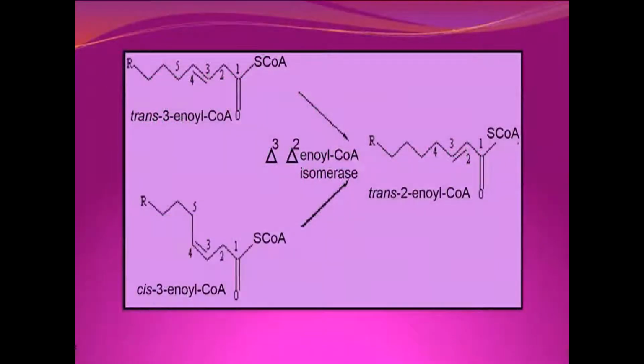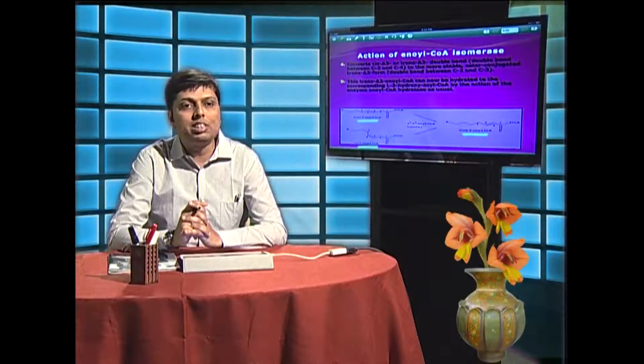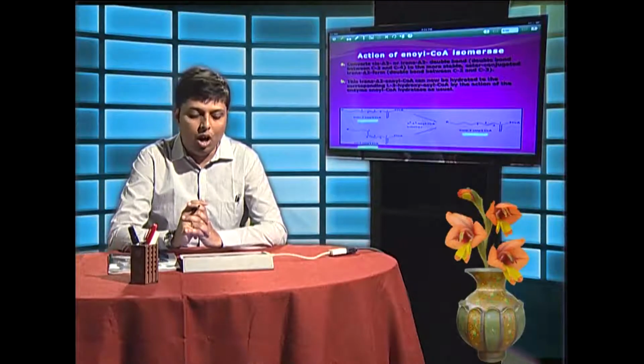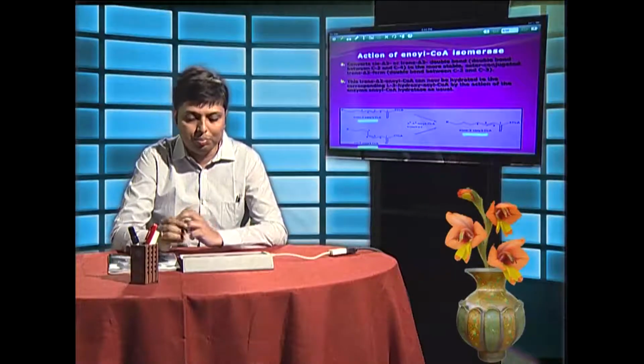It acts on the trans delta 3 enoyl-CoA or a cis delta 3 enoyl-CoA and converts both of them to trans delta 2 enoyl-CoA, and this trans delta 2 enoyl-CoA is the proper substrate of the enzyme enoyl-CoA hydratase. So this is how the problem is solved in case of the oxidation of monounsaturated fatty acids.